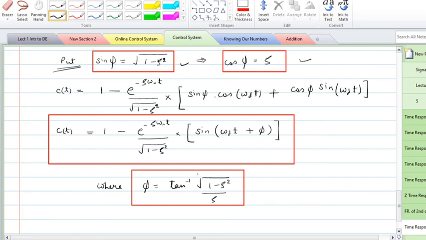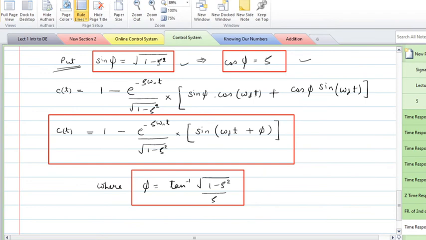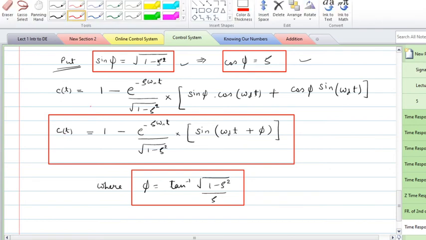Okay, if we closely examine the response of a second order control system, then we will find that it consists of a sinusoidal response which is exponentially decaying.